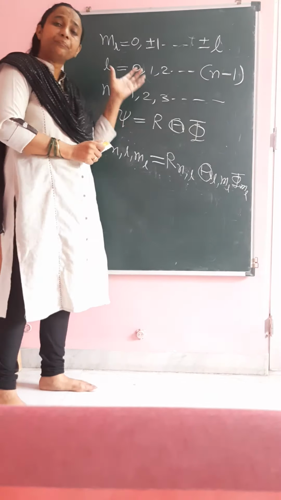So we have these three values. How will the ground state be written? It should be written like psi n l ml, so psi 1 0 0. Here n is 1, l is 0, and ml is 0. So we have psi 1 0 0. This is the ground state.